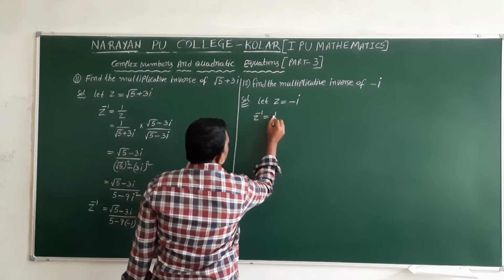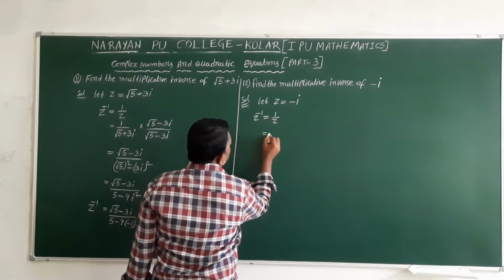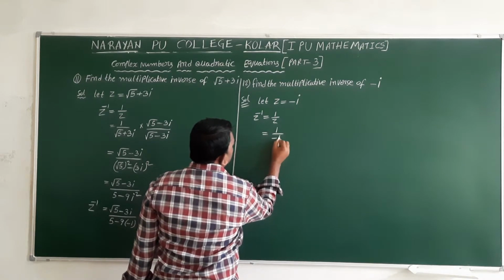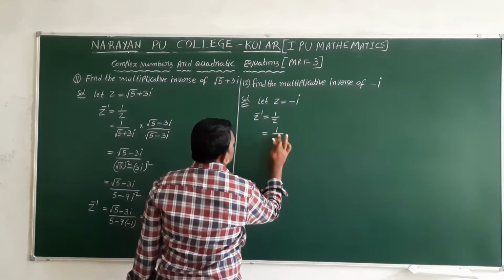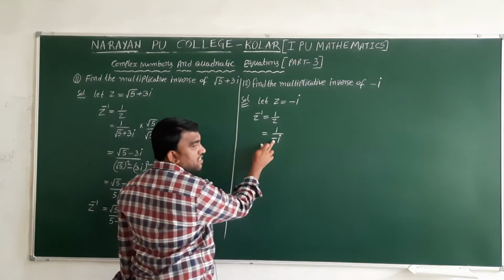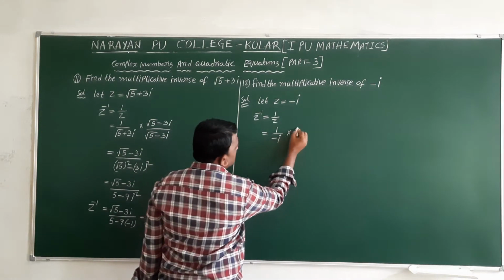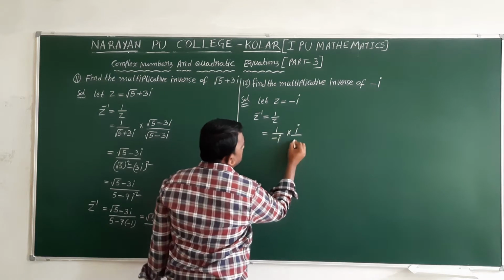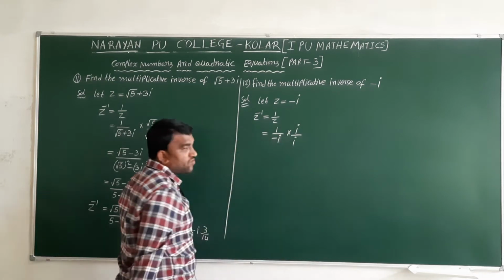Z inverse equal to 1 by z, which is 1 by minus i. Here minus i is there, so it should be rationalized with plus i. I divided by i, but don't confuse 1 and i.